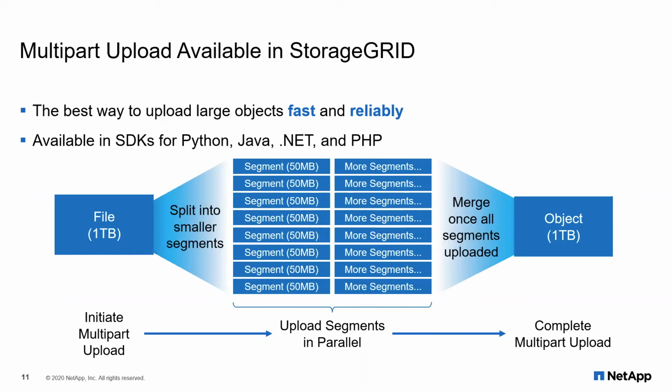With multi-part upload, everything is taken care of: breaking a single file into multiple chunks, uploading those chunks in parallel from the client, auto-restartability for chunk failure, and then putting the chunks back into a single object within StorageGRID.